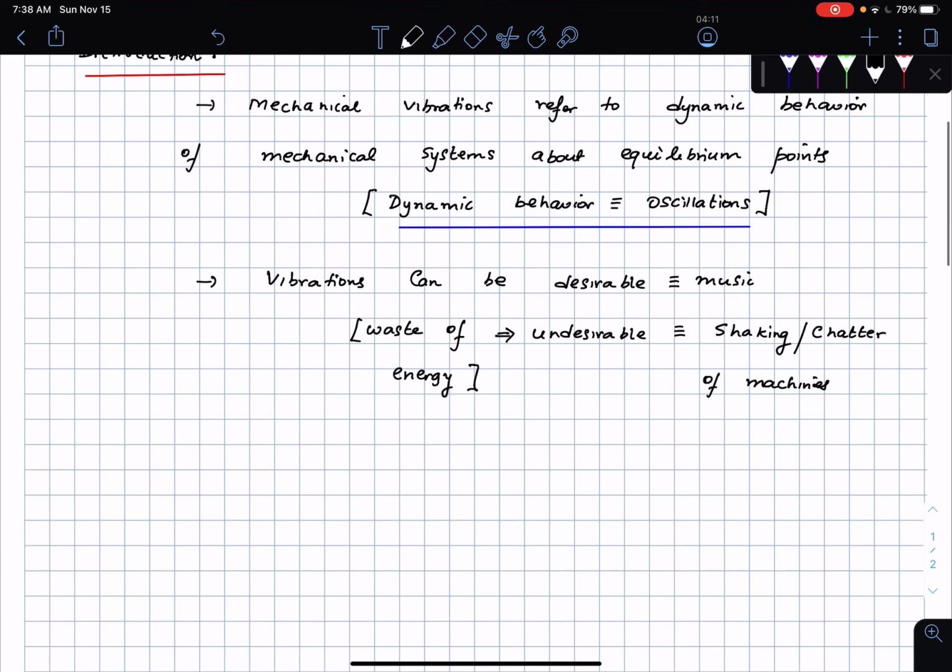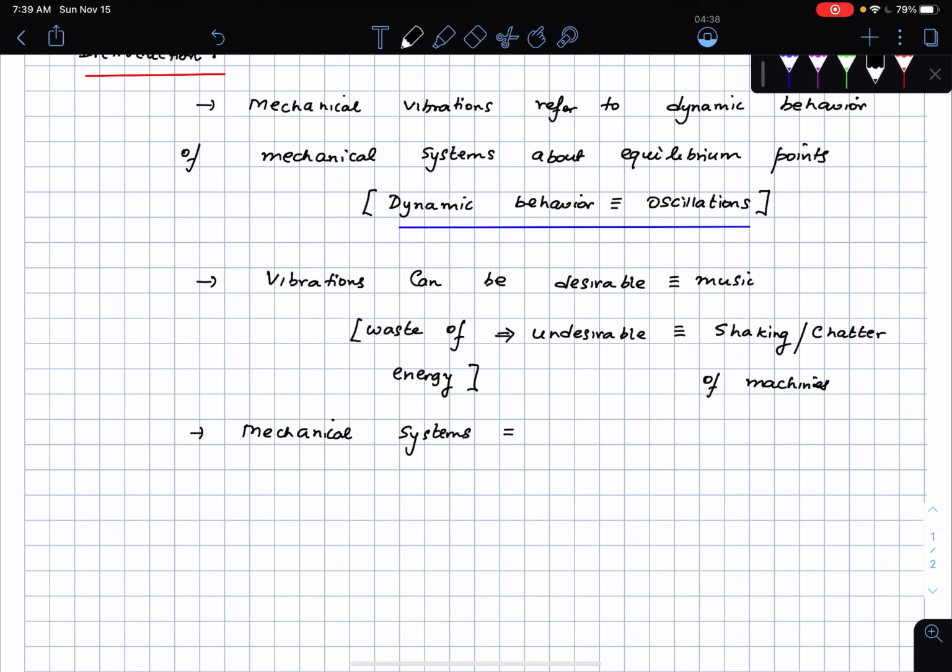And so the question comes, why do we need to study vibrations of mechanical systems? And in a sense, what is a mechanical system? That's something that I haven't defined. Let me do that as well. Mechanical systems can be defined as a combination of simple or complex elements that are used to realize useful action.